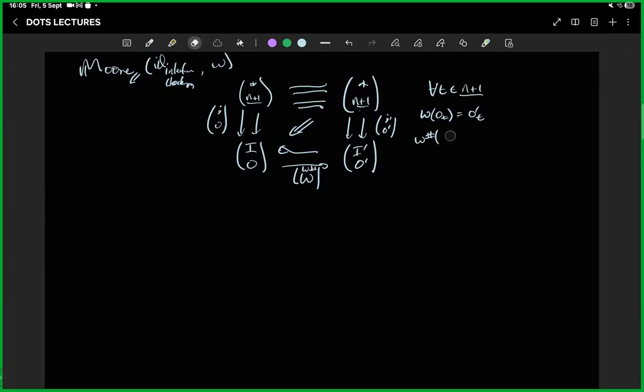Wow, I missed some of the strokes. W sharp of O prime of t, I prime of t is less than or equal to, again, in this very simple ordering, which is just that it's equality unless you're bottom, in which case we allow you to be underneath anything, I of t.